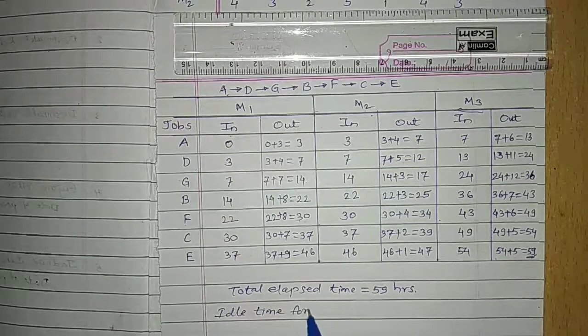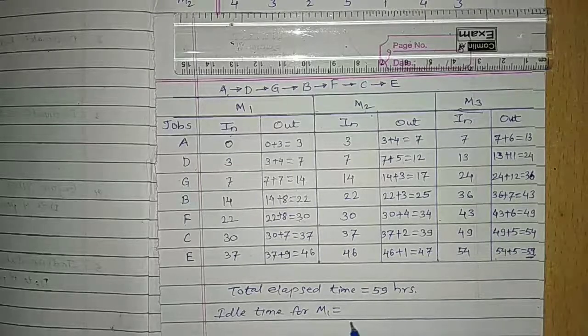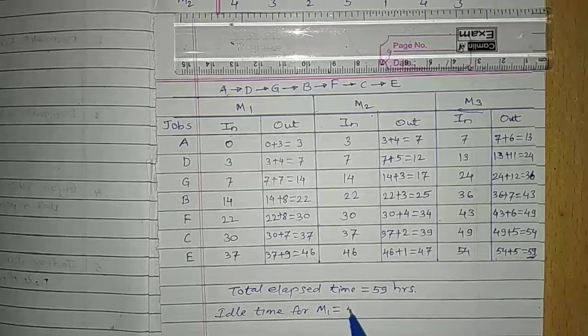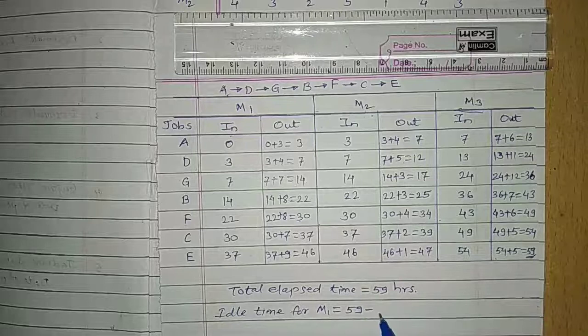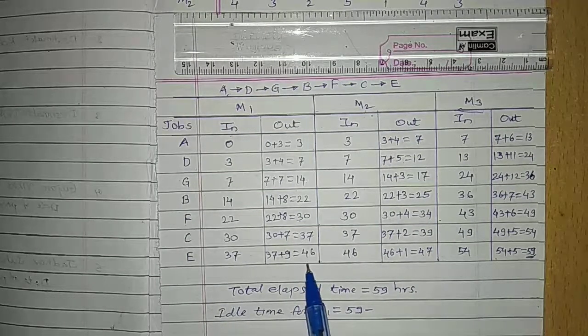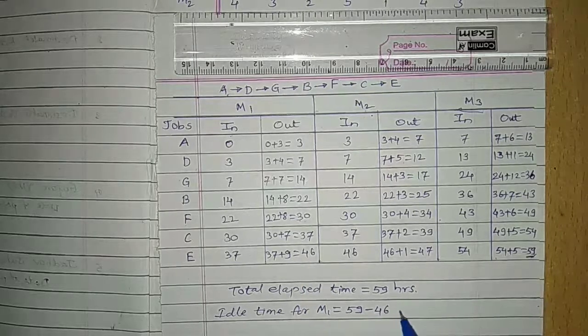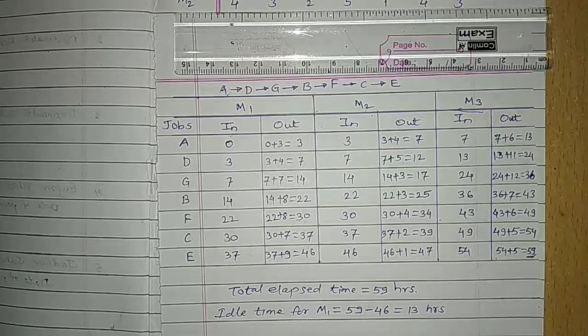Idle time for M1. Idle time for M1 will be total elapsed time 59 minus the last job finished on machine M1 is 46. So that means idle time for machine M1 is 13 hours.